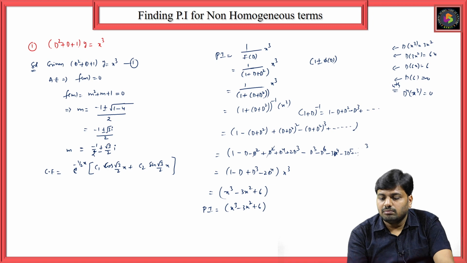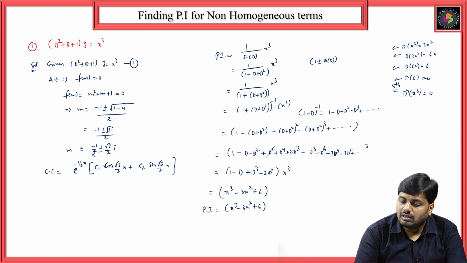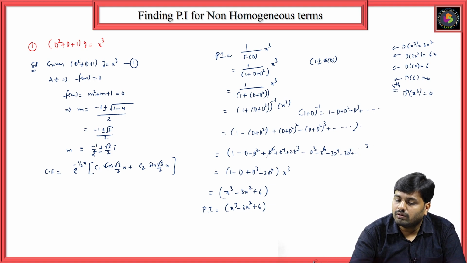Here you have to observe one more step. I am writing based on the terms we required. This x cube will become 0 by differentiating. At what derivative it becomes 0, we have to identify first of all. After identifying that, we write up to those terms.